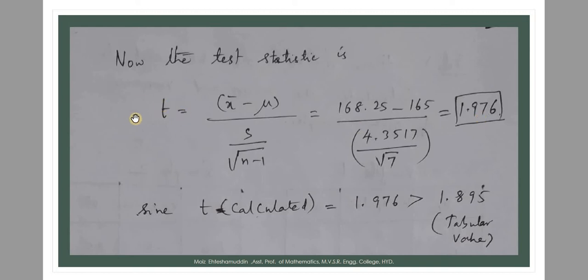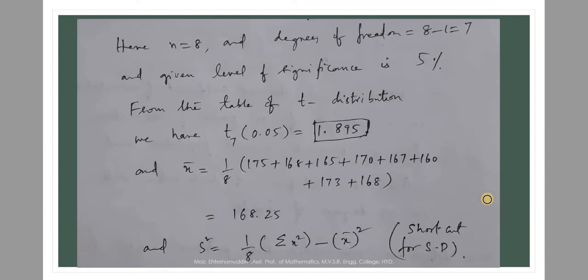This t is finally coming as 1.976. This is the calculated t value. And in the previous slide we have seen the tabular value.